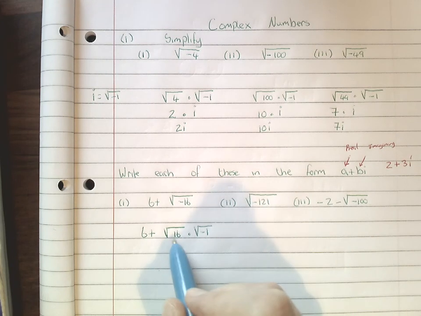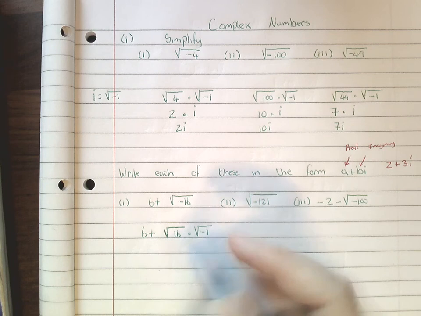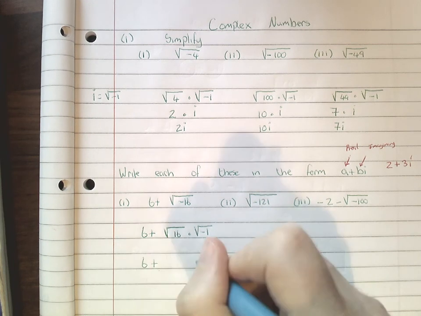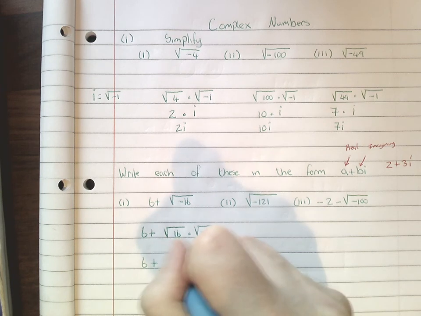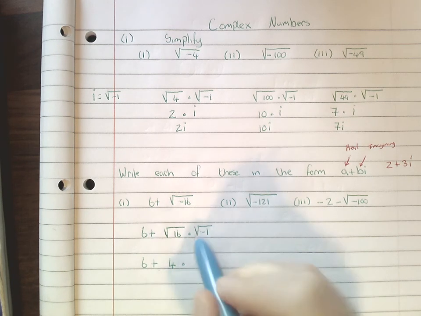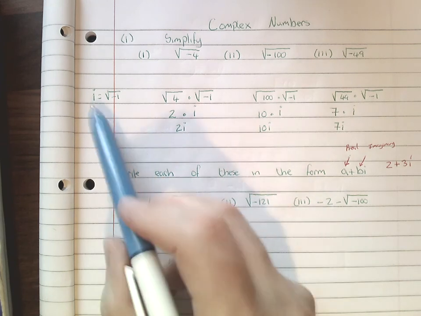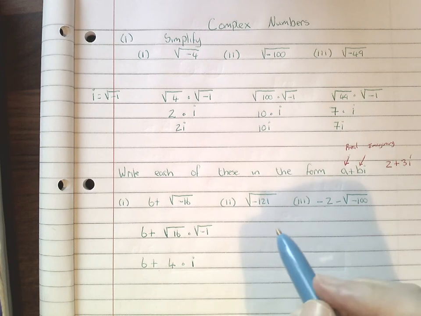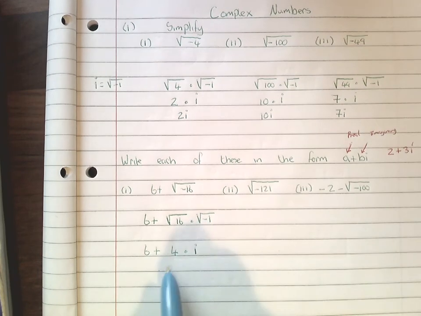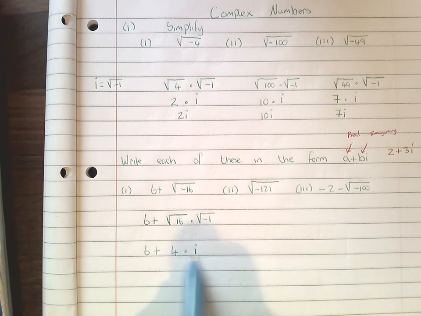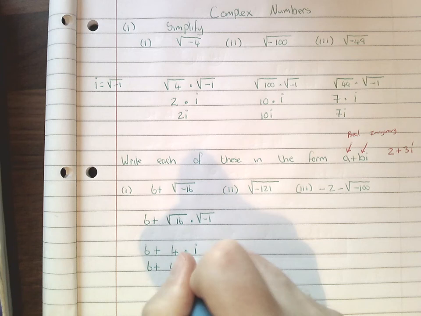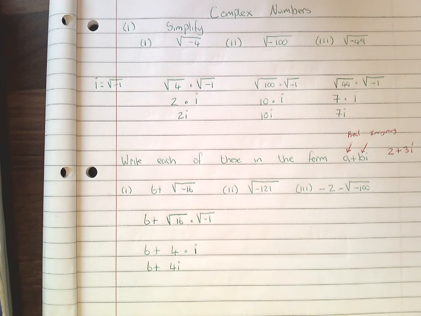Then if we take the square root of 16, this would be 6 plus 4 multiplied by, and then we can change this square root of negative 1 to just I. So it's going to be I, like so. And then we can just multiply this. 4 multiplied by I, so this is going to become 6 plus 4i, like so.